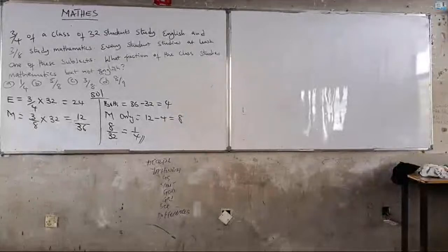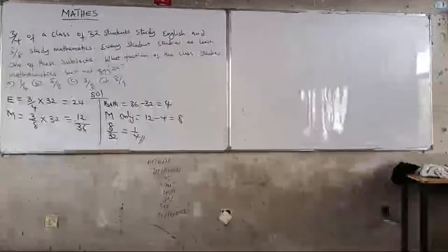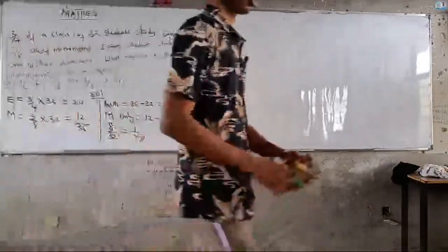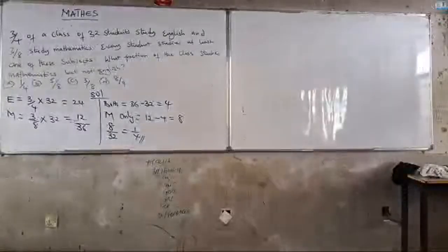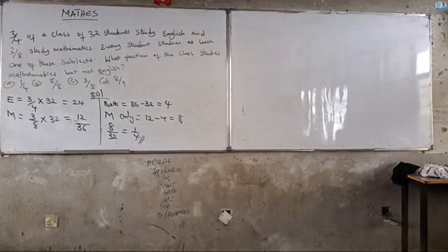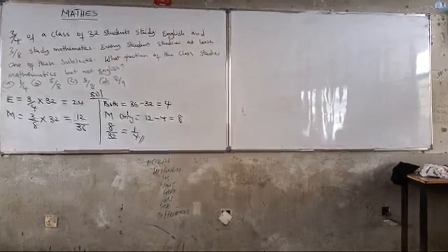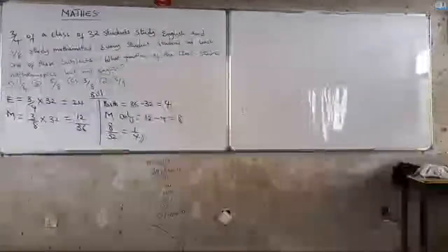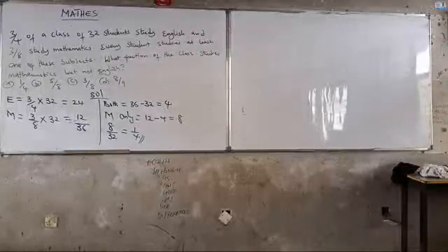No. Until I exhaust my questions. One over 8? How do you get 1 over 8? 1 over 8 is wrong. There are other methods to go about this, but I think this is the easiest method.